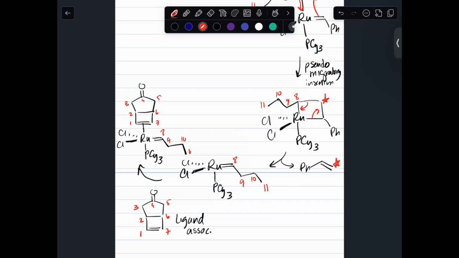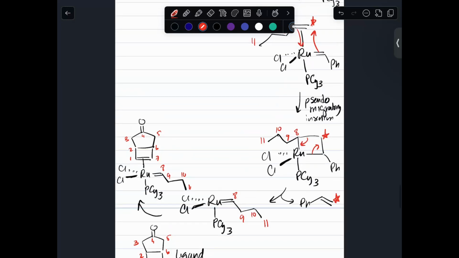Okay. Now it does a pseudo-migratory insertion.